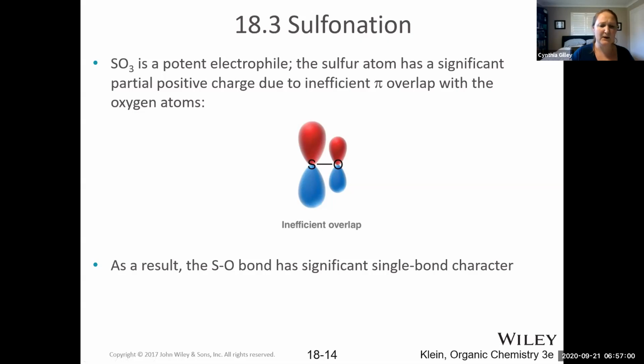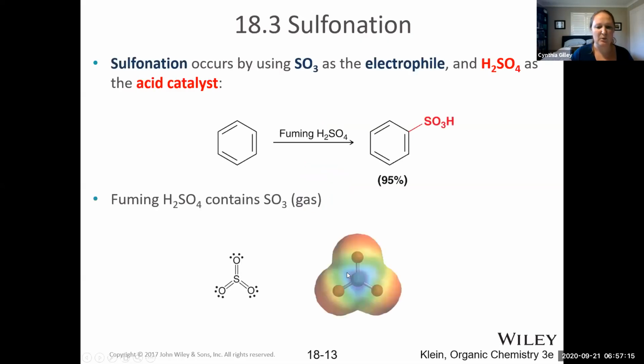There's a significant amount of single bond character between the sulfur and the oxygen, with a lot of the electrons from both the sigma and the pi bond between sulfur and oxygen residing around the oxygen. That shows you with the electrostatic potential map why it's so blue, or so electron deficient, at the sulfur atom, because primarily the electrons from both the sigma and the pi bond are around oxygen.